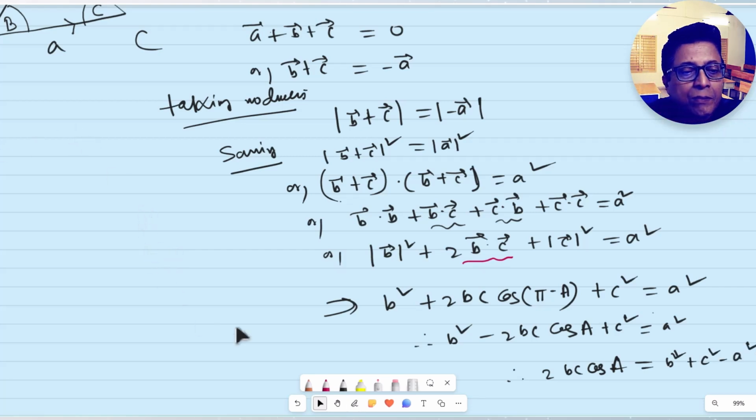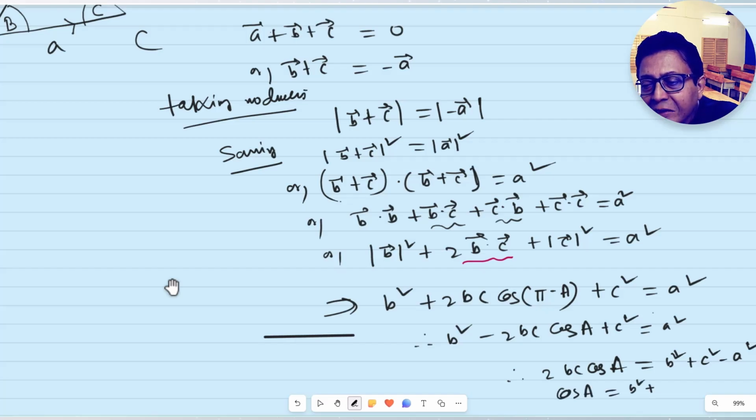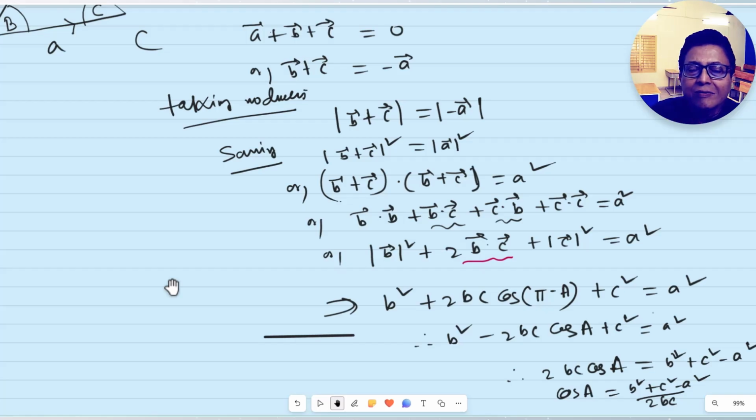Okay, so that cos A is going to be B squared plus C squared minus A squared by 2BC. All right. So this we have done for cosine of angle A, which is nothing but B squared plus C squared minus A squared by 2BC. How do you find cosine of angle B?